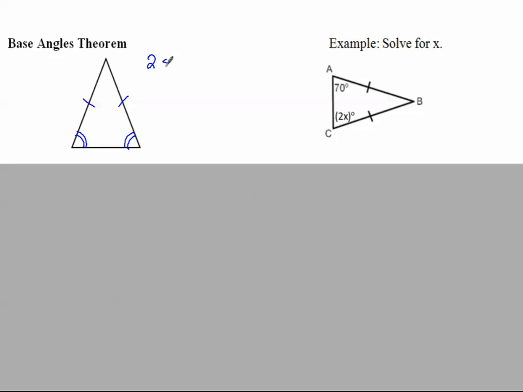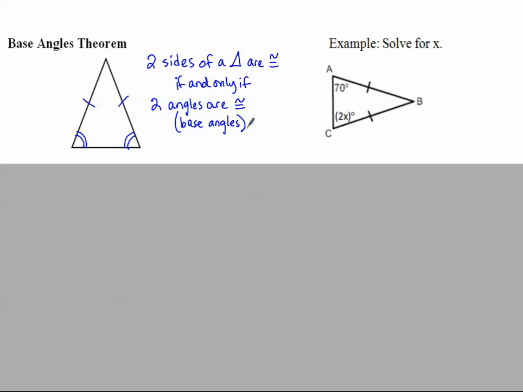So we say two sides of a triangle are congruent if and only if two angles are congruent. And those are the base angles that we're referring to. Those two sides are congruent if and only if the base angles are congruent.